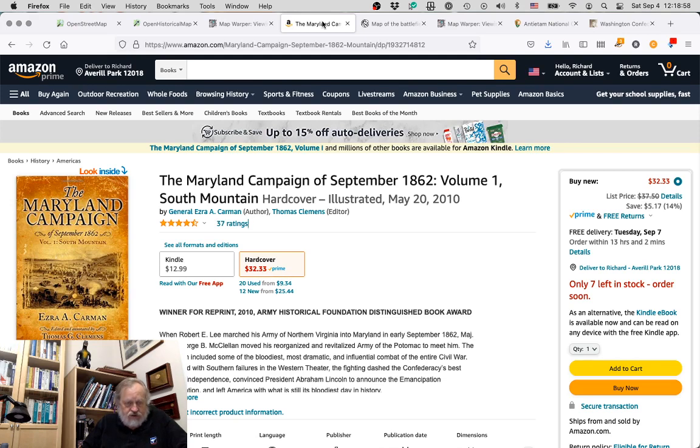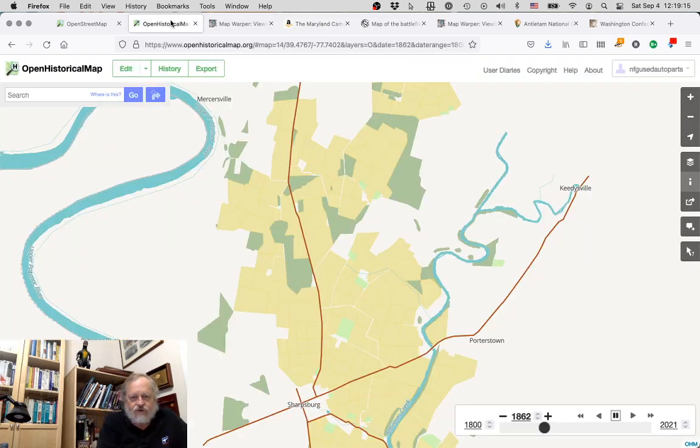So this is a key part of the literature. You know, the Cope maps and the Carman manuscript are really, really important. And as I say, I have been using these resources to inform my view of the battlefield.